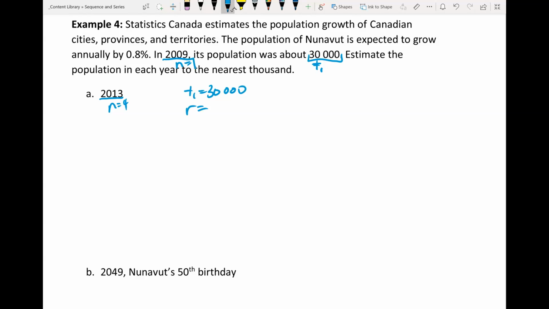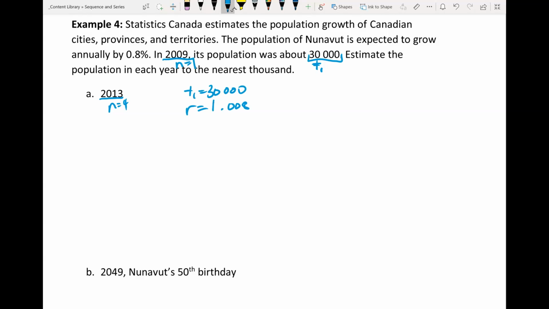R is also given to us because it's saying that the population is expected to grow by 0.8%. So if I change 0.8% into decimal, it's going to be 0.008 by dividing by 100, because we need that in decimal. Now for our R, because this is a rate, just like in taxes, I do want to include a 1 in front of our decimal place because this will include the 30,000 in it.